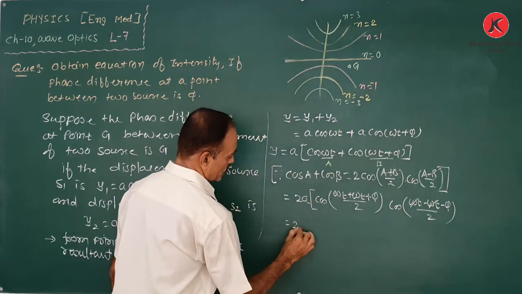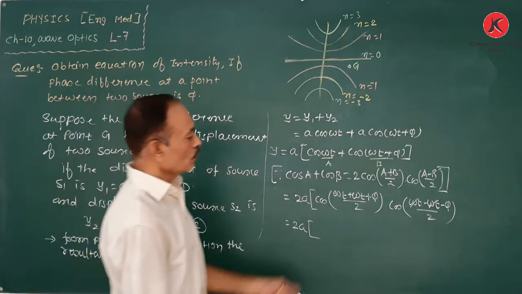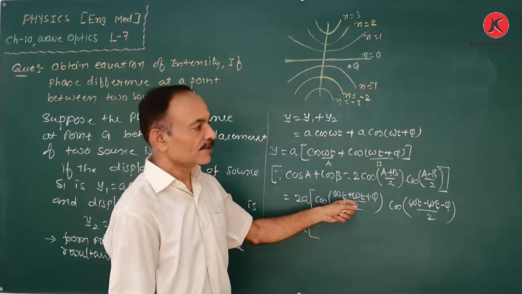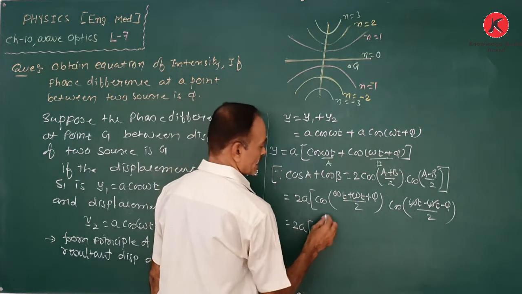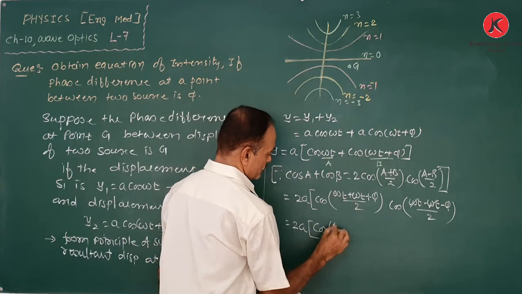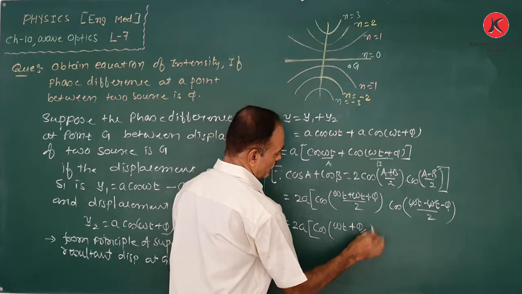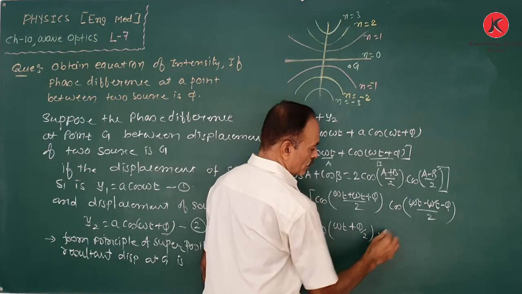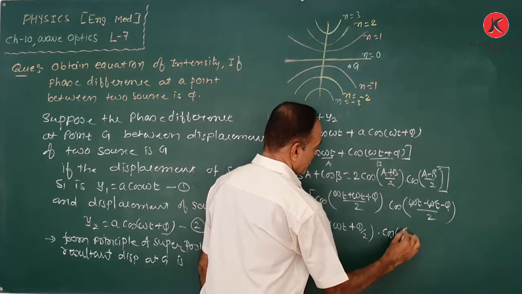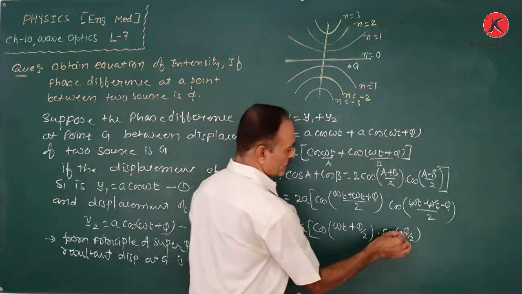Here 2A. Now cos of omega t plus omega t, 2 times omega t divided by 2, so only omega t plus phi upon 2, into cos of minus phi by 2.